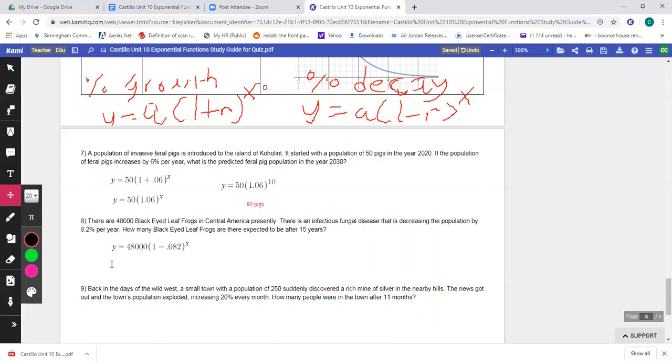Okay. And then now we just simplify it. You could do 1 minus 0.082 on your calculator, and you get 0.918. And so that's your equation. And then we want to know what it's going to be after 15 years. So it's just going to be 48,000 times 0.918 to the 15th.